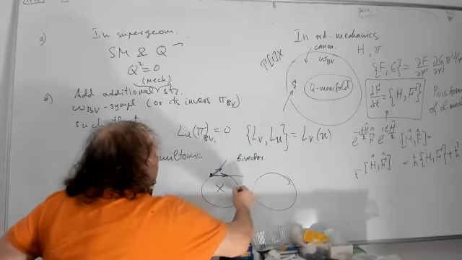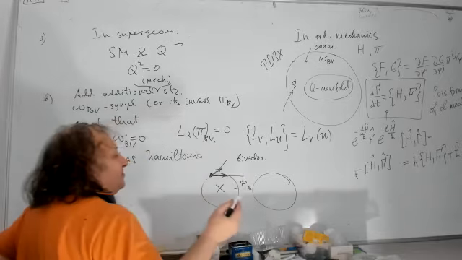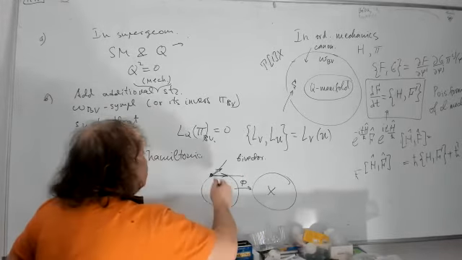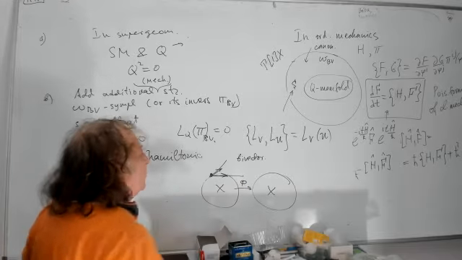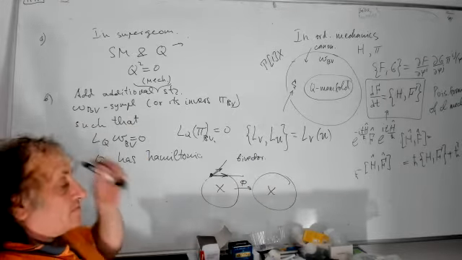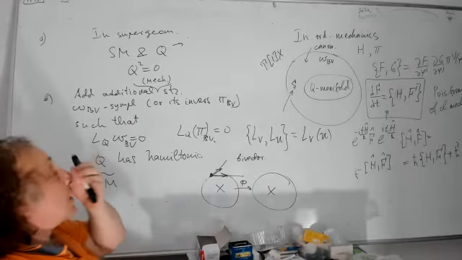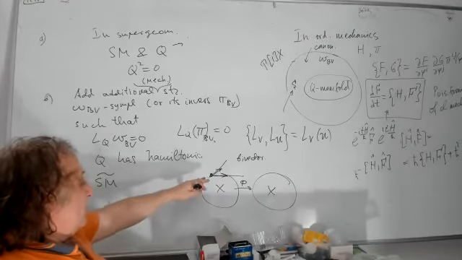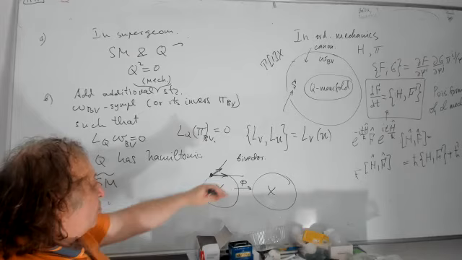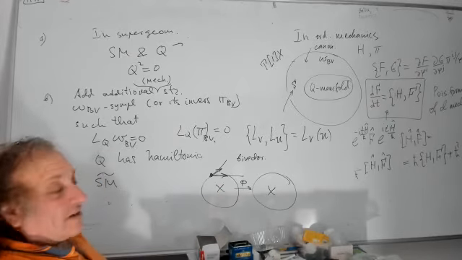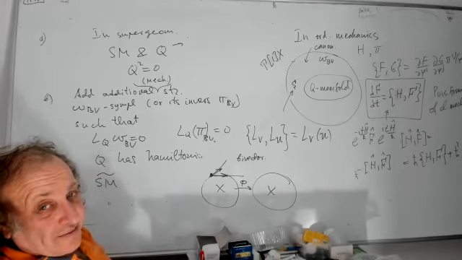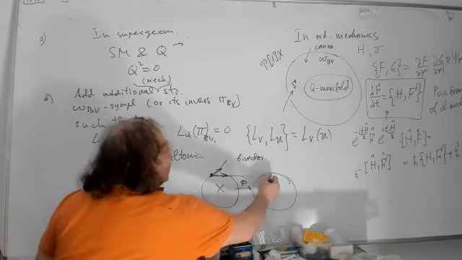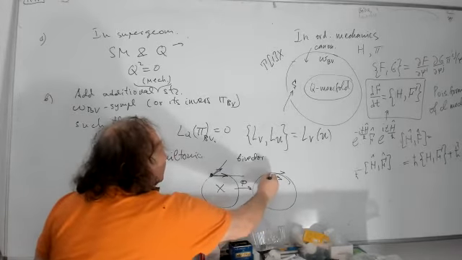Suppose we have a diffeomorphism phi. Then the diffeomorphism naturally goes to the sections of the vector bundle, because it takes vectors here.